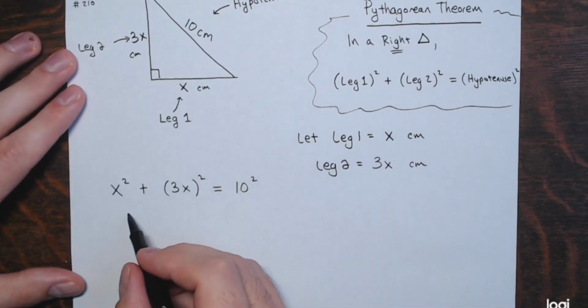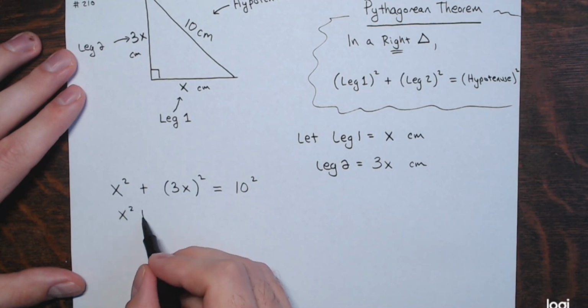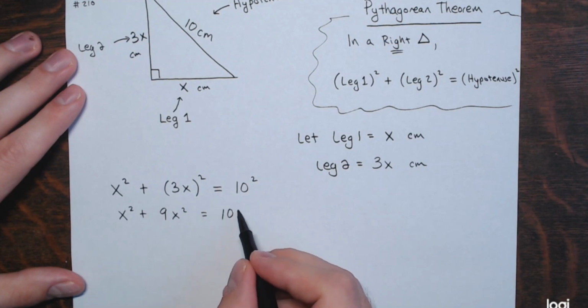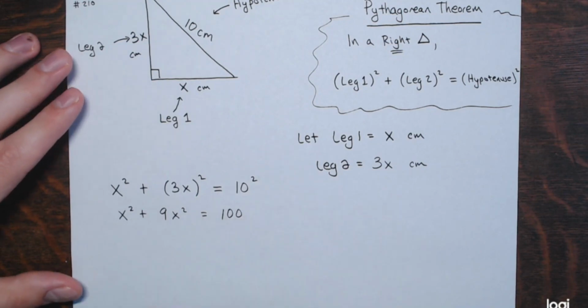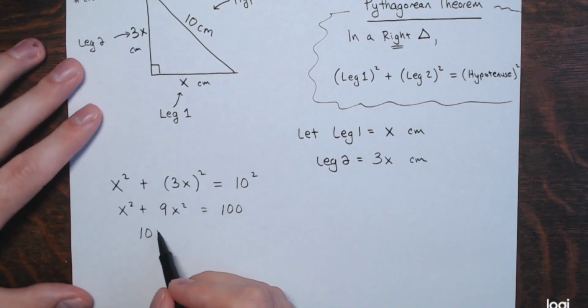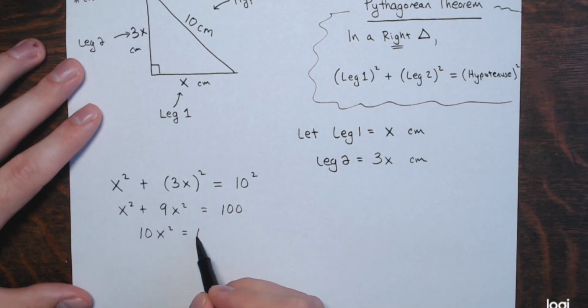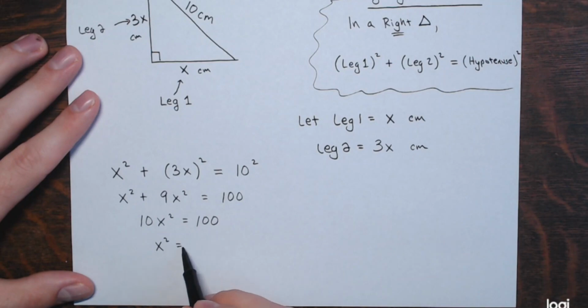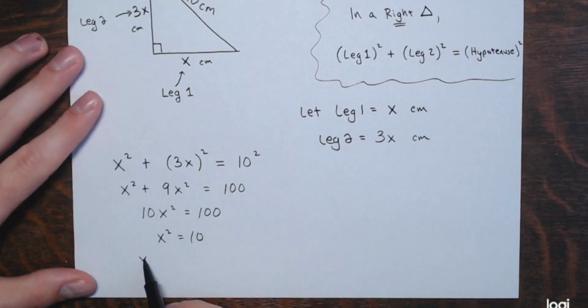Well, this is x squared plus 9x squared equals 100. So this is 10x squared on the left side equals 100. Dividing both sides by 10 gives me x squared equals 10. And so x equals positive square root of 10, or x equals negative square root of 10.